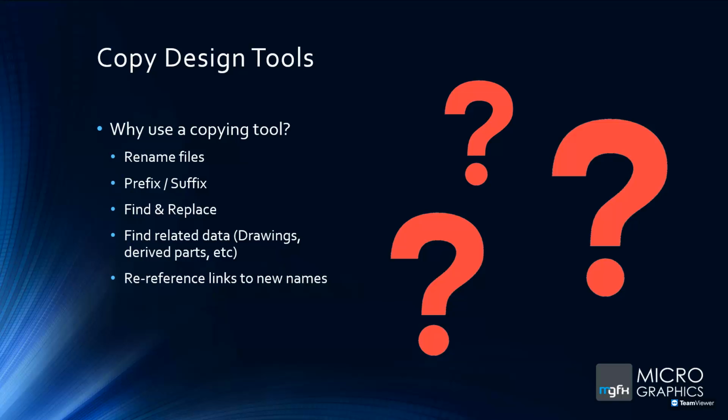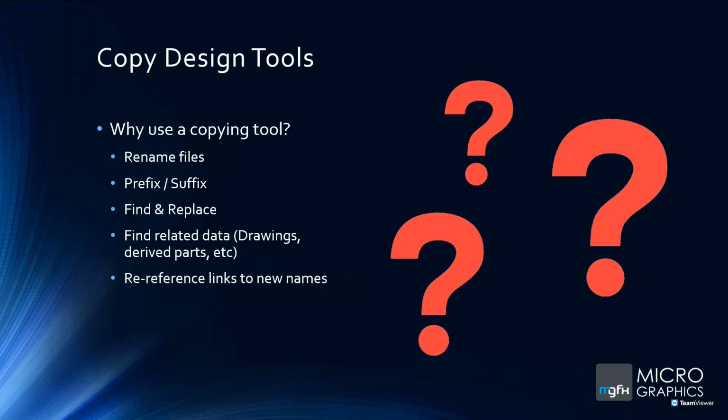Whether it's a manual renaming process on some of the, let's say, the Inventor ones, or whether it's an actual find and replace process or adding a prefix and a suffix, you're able to rename those files. A lot of them have the prefix and suffix and also the find and replace option for quickly renaming those files. You can imagine with a design where there are a couple of hundred parts, it may take a long time to go through that list and rename those parts to be specific for that project.